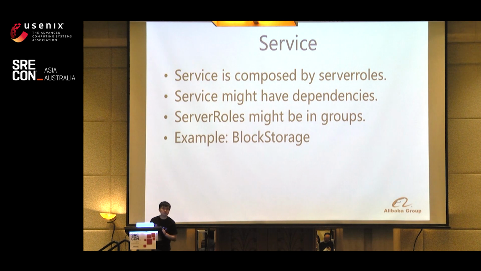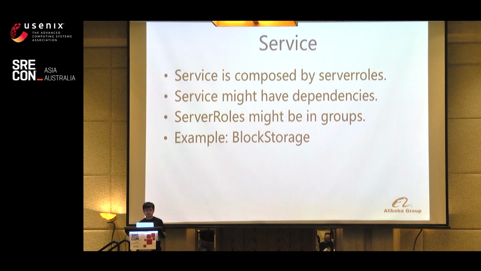And the server roles might be in groups, because I just mentioned we have deployment topology in product. For the service, we have a similar concept named server role group. It means we can put several server roles into one group to make sure they will be deployed on the same servers.